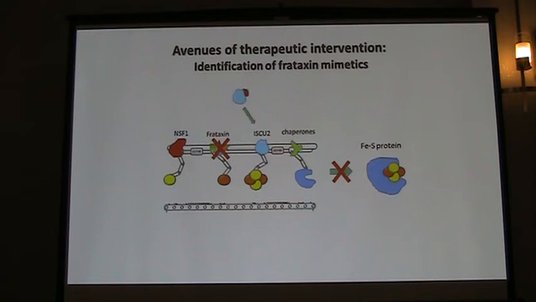But can we think of a way of modifying this assembly line so that it doesn't require frataxin anymore and the iron sulfur cluster proteins are made? This therapeutic strategy is called identification of frataxin mimetics, which are molecules that can bypass the frataxin function in this assembly line.